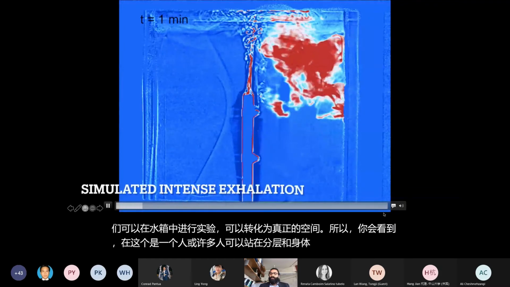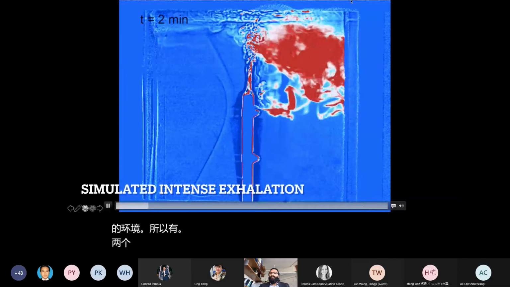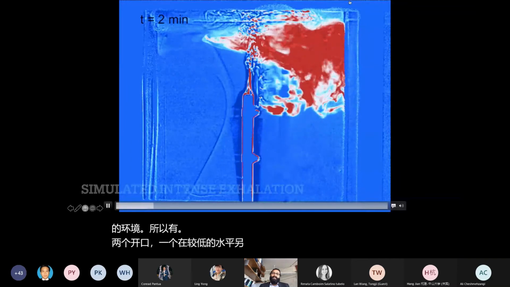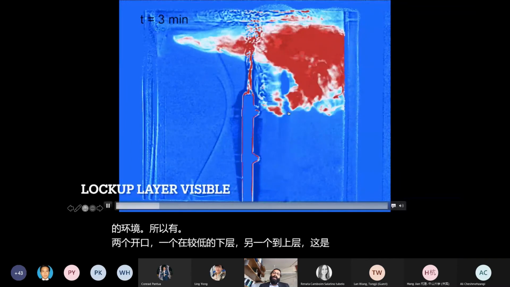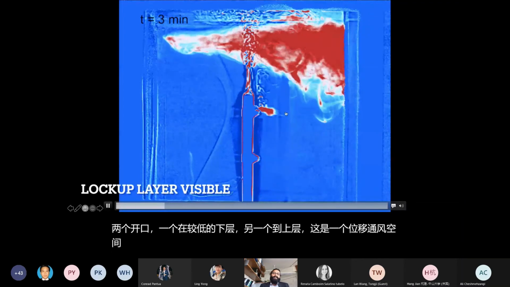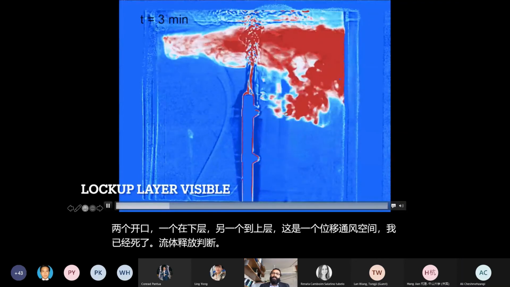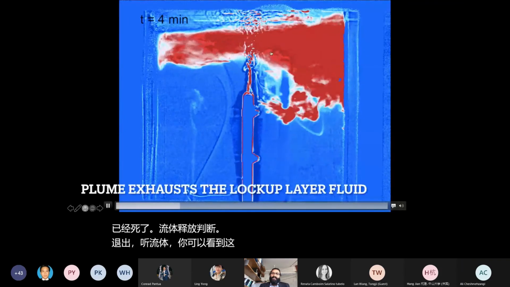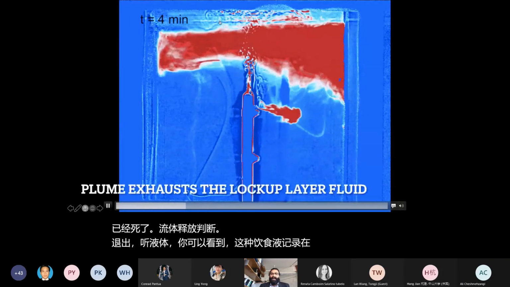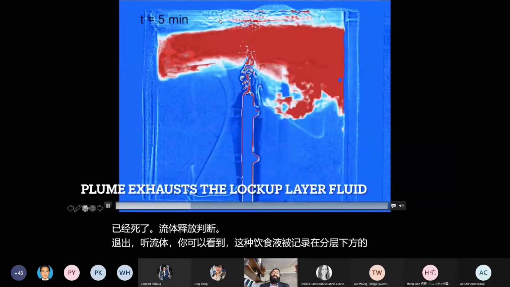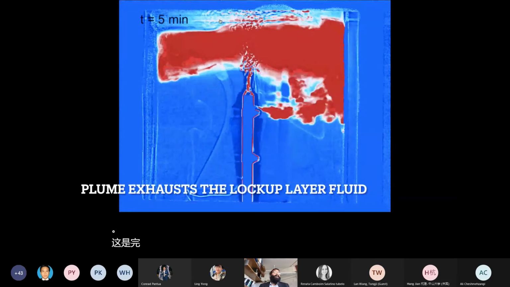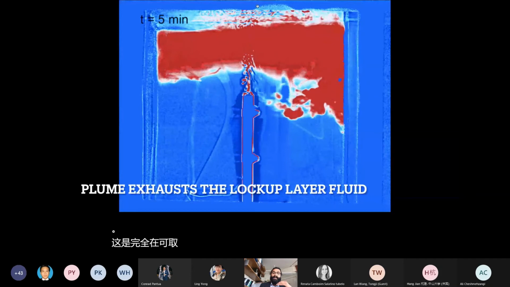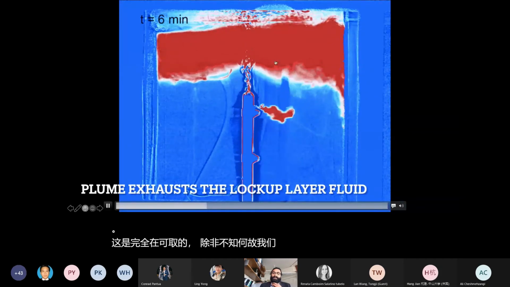There are two openings, one at a lower level and another at an upper level, and this is a displacement ventilated space. I have released dyed fluid as exhalation fluid, and as you can see, this dyed fluid is locked up in a layer below the stratified layer, which is completely undesirable unless somehow we can keep it above the person's height.